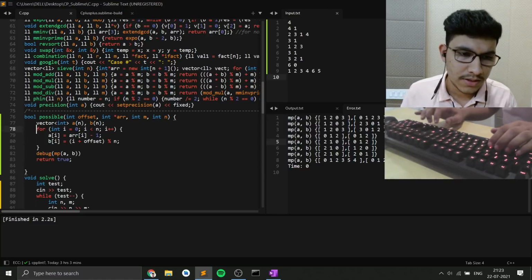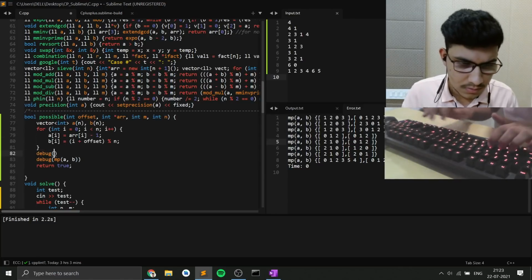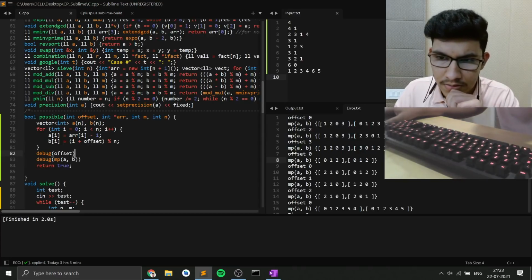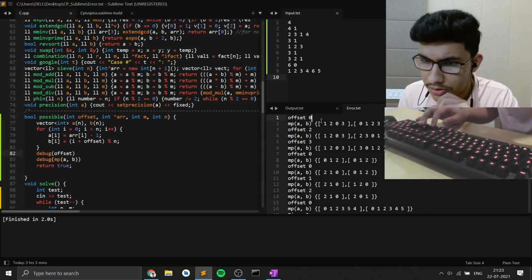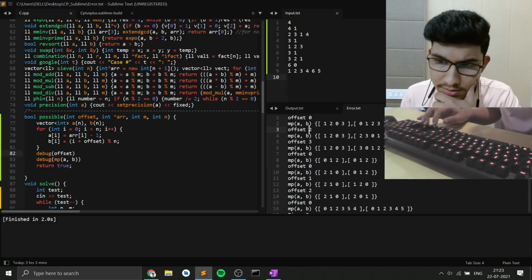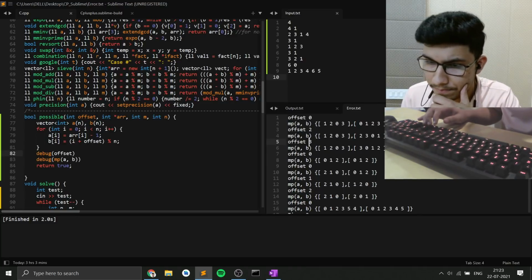So I can just print the offset as well. So here the offset was 0, here the offset was 2. So we just shifted 2 of these elements, and here the offset was 3.